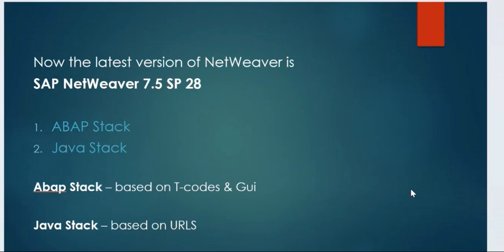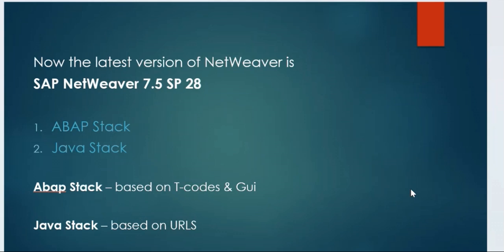ERP 5.0, 4.7, 4.6, they were also the ABAP stack, not Java stack. And EHP4, EHP5, EHP6 up to EHP8, these are the ABAP stacks. Even S4 HANA is an ABAP stack system.